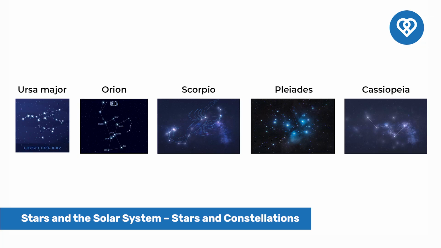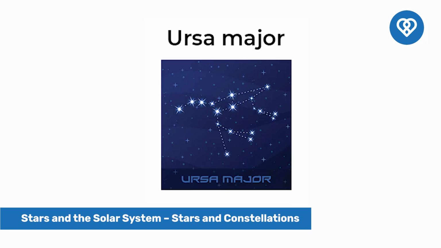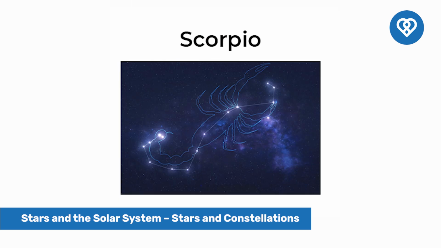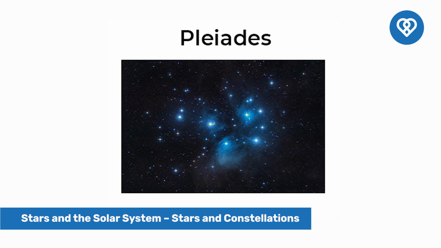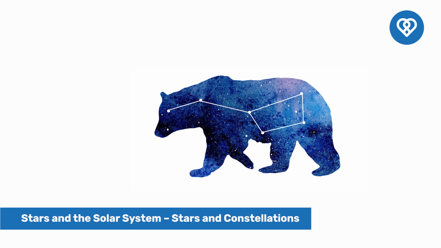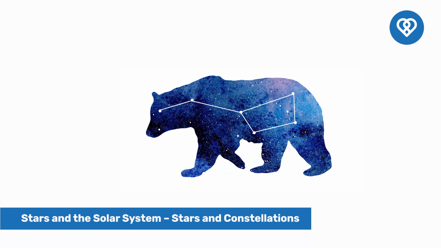Some of the important constellations that are visible in the northern hemisphere are Ursa Major, Saptarshi, Orion, Mriga, Scorpio, Vrishchika, Pleiades, Kritika, Cassiopeia, Sharmishta. Ursa Major is also called the Great Bear constellation.